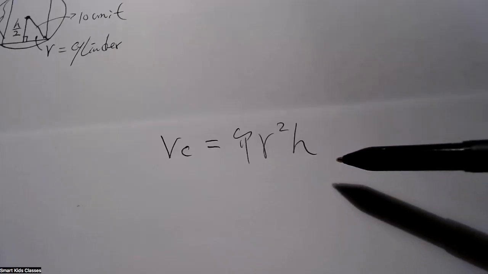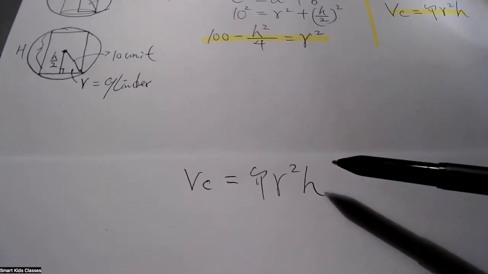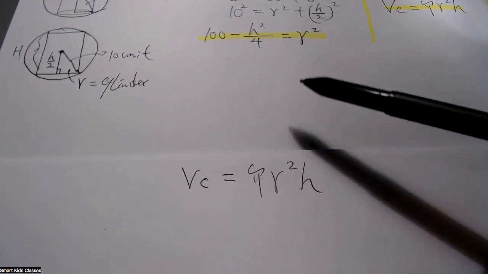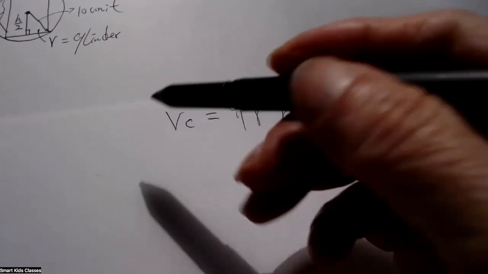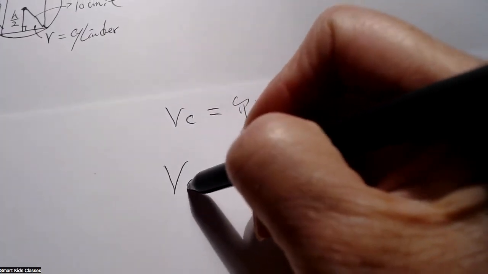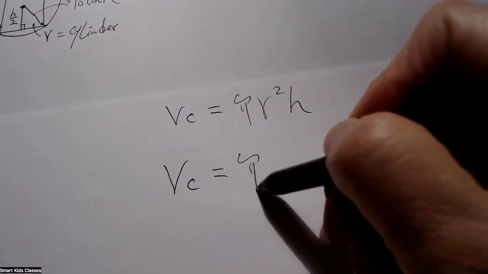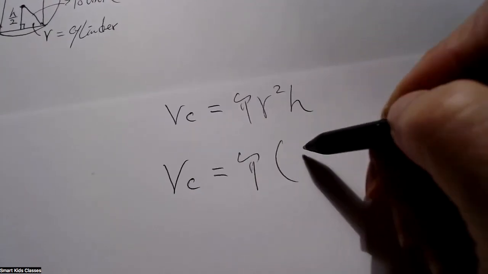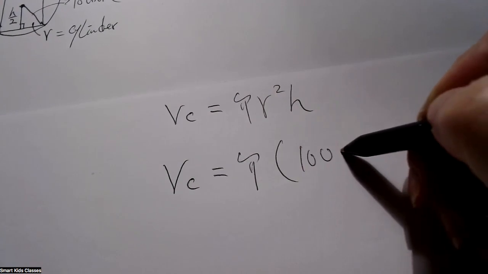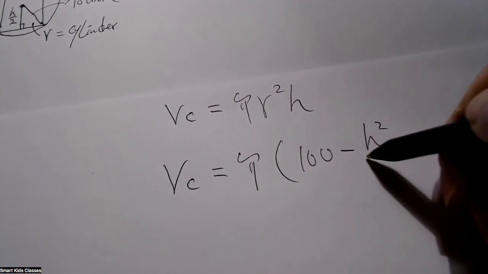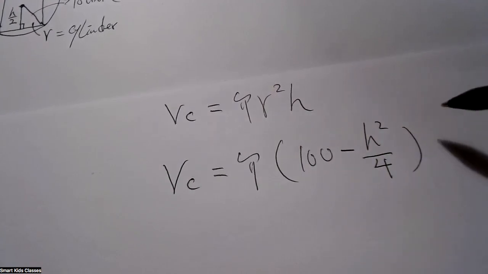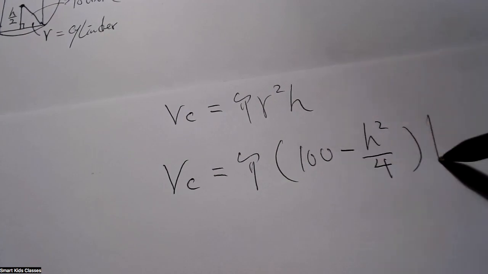Now we're going to write the derivative equation. We substitute r squared here, so we write V, the volume of the cylinder, equal to pi times 100 minus h squared over 4, times h.